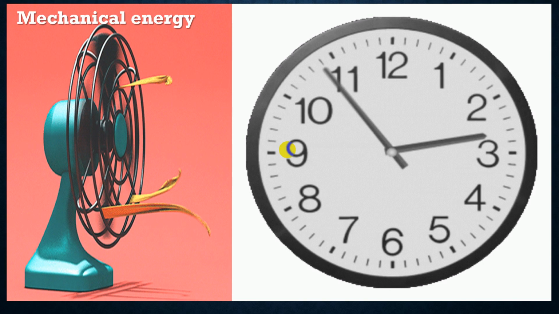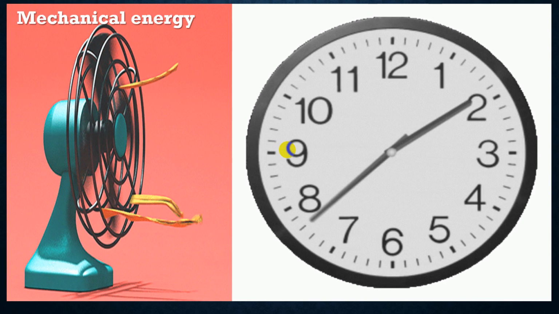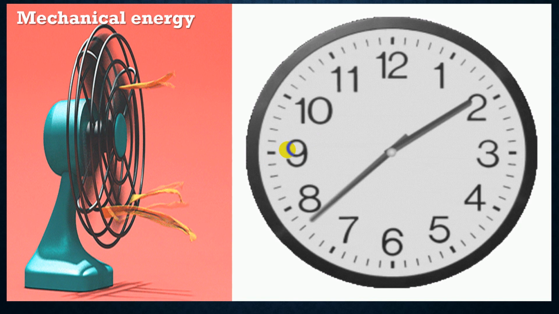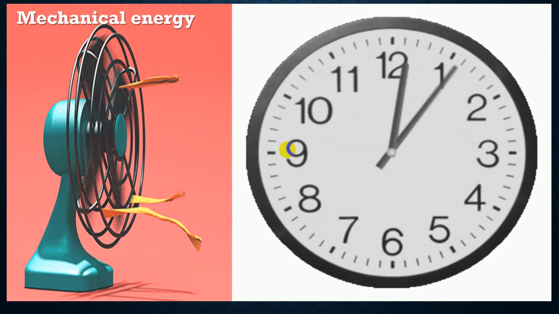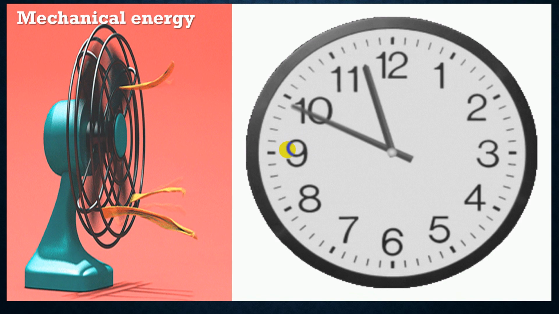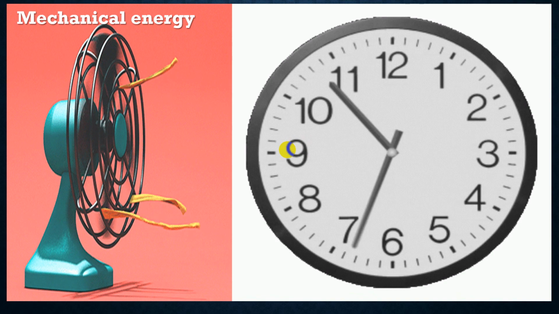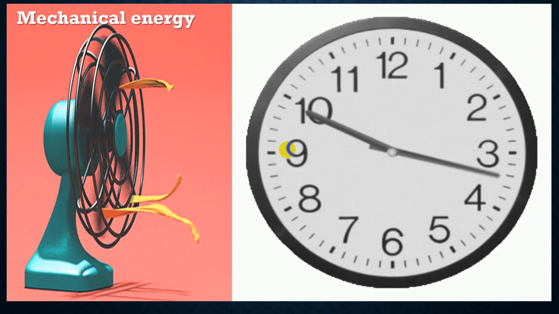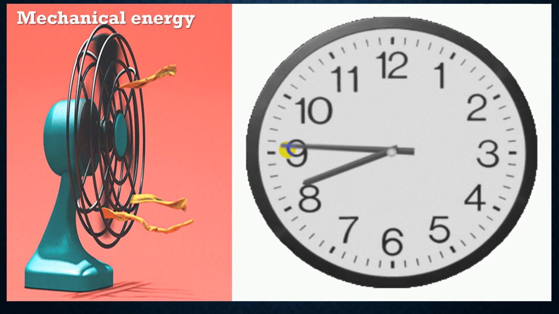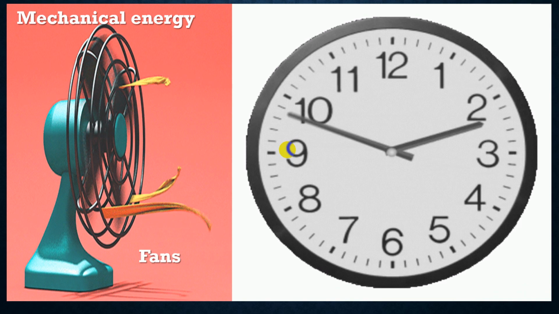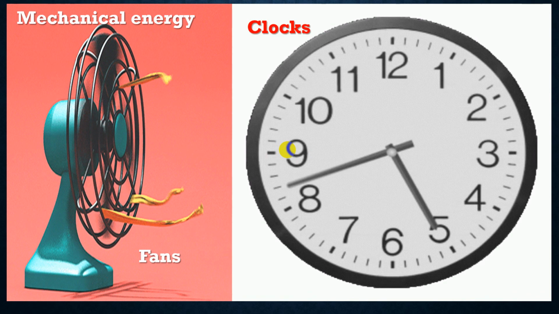Number one, mechanical energy. Actually, mechanical energy is like kinetic energy because it's about motion. If we have potential energy transform into kinetic energy, we can call all of this process mechanical energy. I can find this in fans, for example, or clocks.